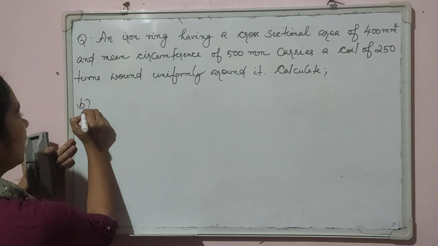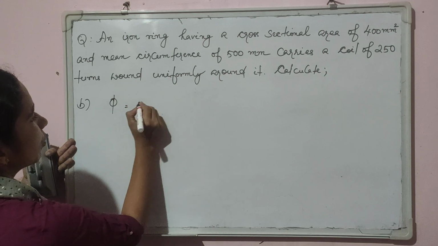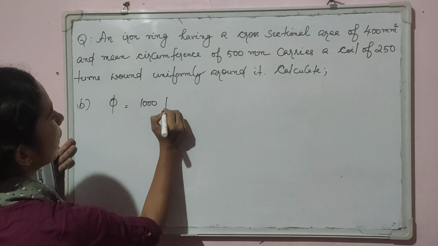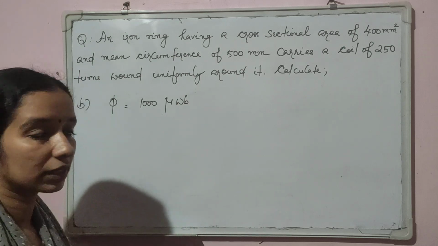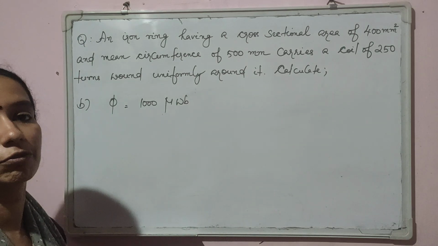So in the second part, given that flux is equal to 1000 microwebers, and we have to calculate the current required to produce this much of flux.